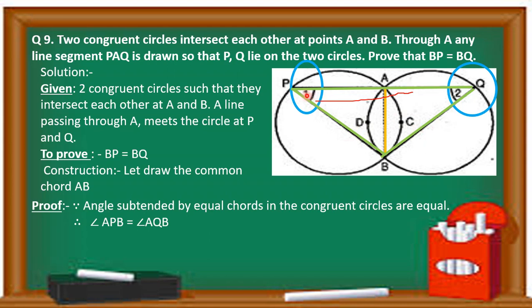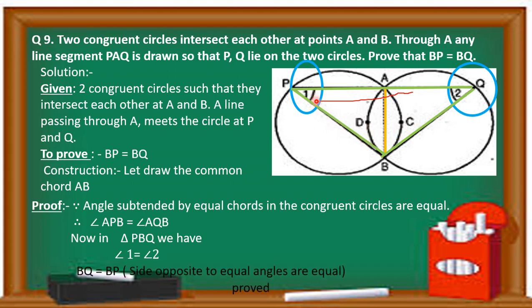The side opposite to angle 1 is BQ and the side opposite to angle 2 is BP. So BP is equal to BQ, and hence it's proved. So in this way we prove the question.